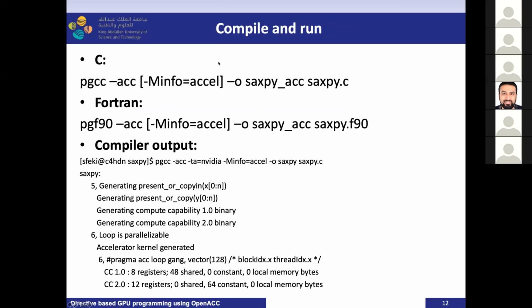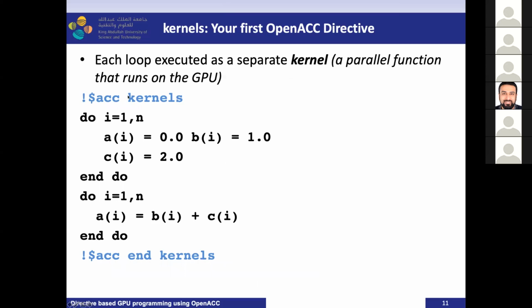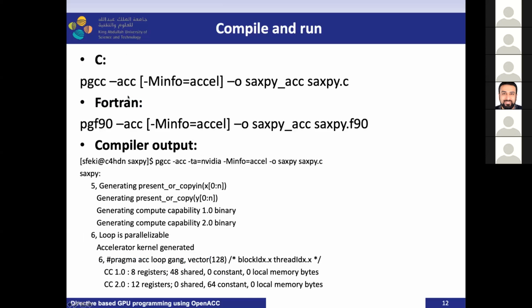The compilation uses the PGI compiler. We will see that in a moment with pgcc with -acc. The -acc is the main flag that you need to give the compiler to compile with OpenACC. If you don't do that, these pragmas will not be taken into account, right? So you need to have this flag to take these pragmas into account.